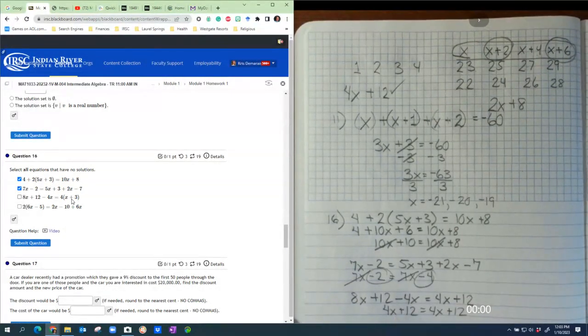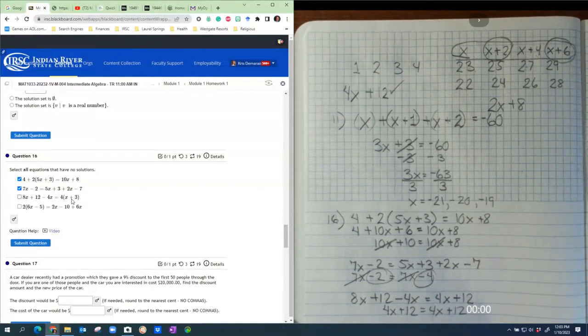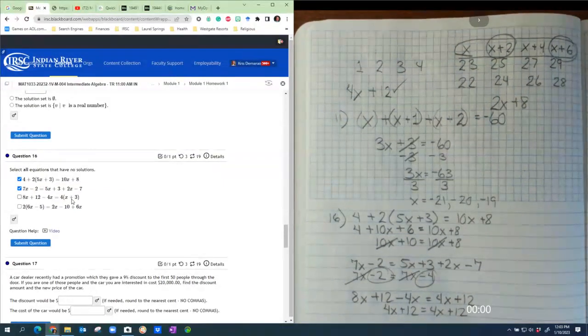Now we're going to go ahead and do the last one. We're going to do the distributive property while writing it down. So it's 12x minus 10 equals, and then combining like terms, 2x plus 6x is 8x, minus 10. Now, it doesn't matter about these.